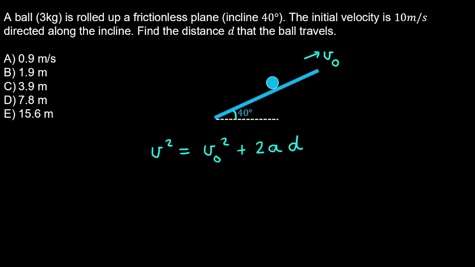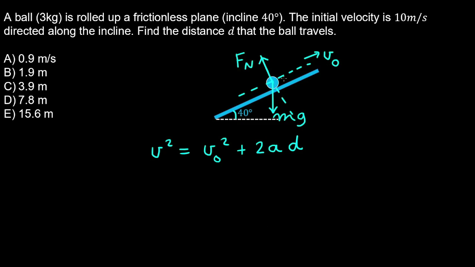And now we want to find the unknown acceleration of the ball. So we'll choose our coordinate system using the axis parallel and perpendicular to the plane. So there's a force of weight acting on the ball, which is the mass by the gravitational acceleration, and we have a normal force preventing the ball from sinking into the plane.